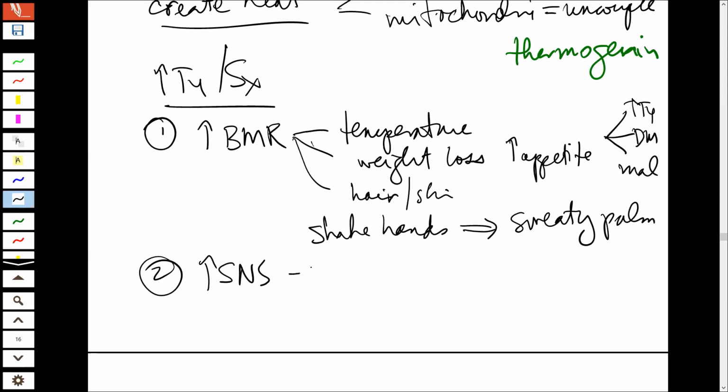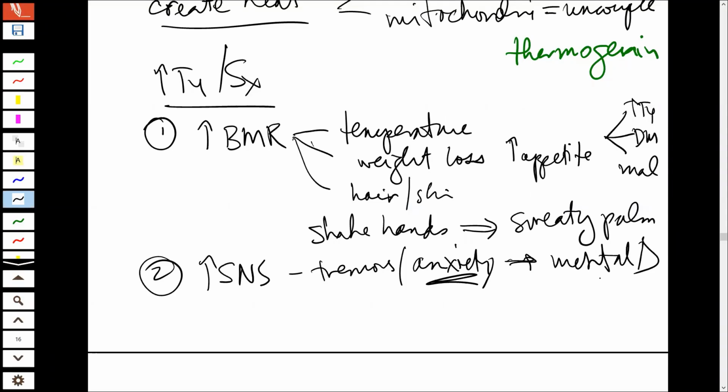So this is where you get the tremors. This is where you get the anxiety. This is what everyone really hates. That's the one they really hate, is the anxiety. And then you're going to get all the mental and personality changes. After that, the next big one you want to talk about is cardiovascular, because this is where we get the arrhythmias.